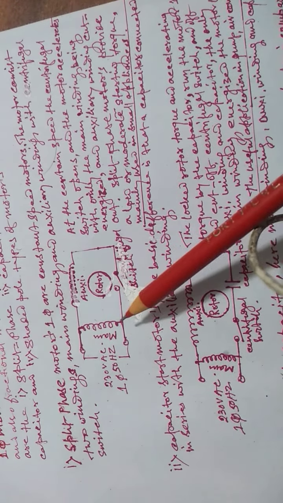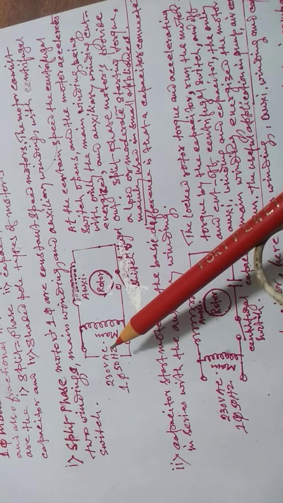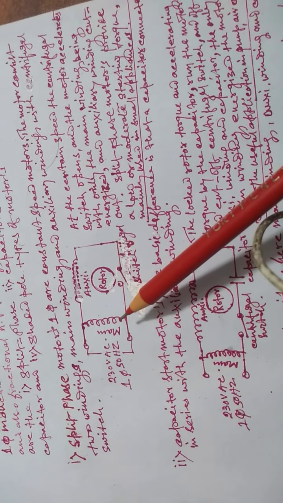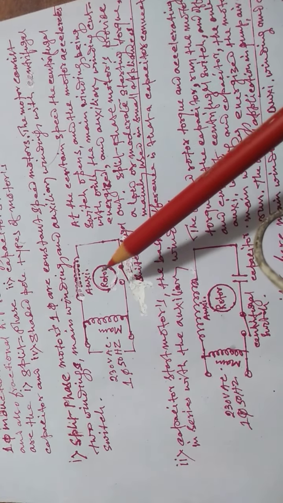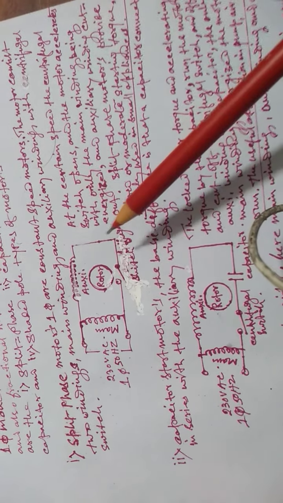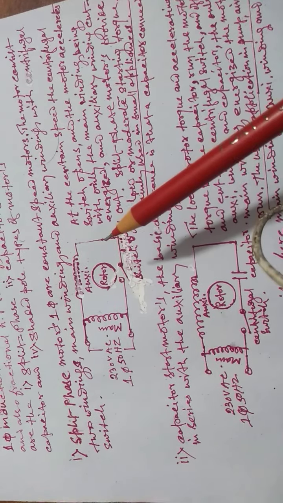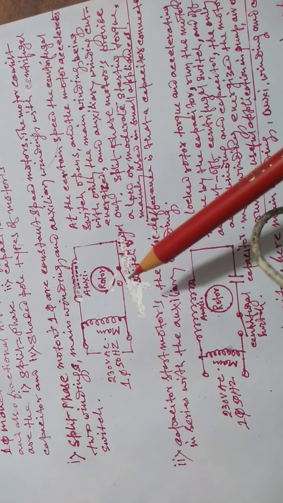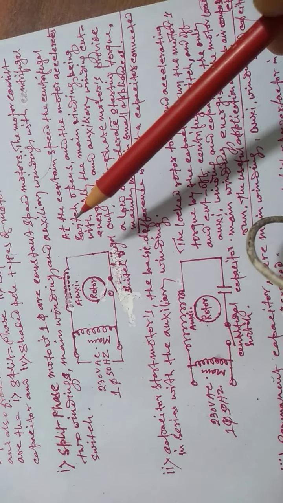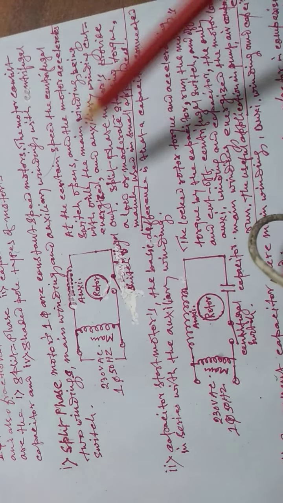Here is the main winding, 230 volt AC, single phase, 50 Hz, and the auxiliary winding. This is a rotating part, and here the centrifugal switch is normally closed. At a certain motor speed, the centrifugal switch opens.